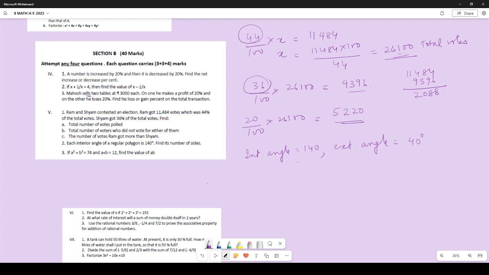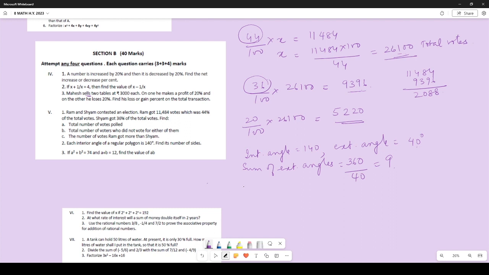And we know that the sum of exterior angles for any polygon, be it a regular one or an irregular one, is always 360. Here we are talking about a regular one, so all the exterior angles are of 40 degrees.